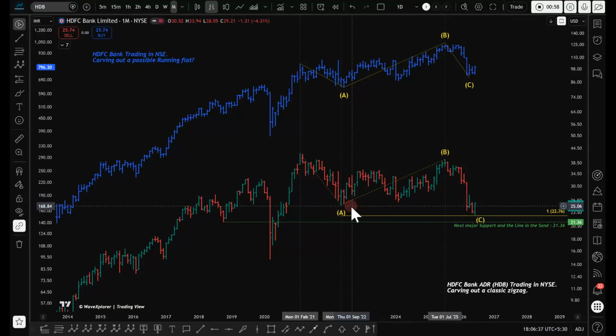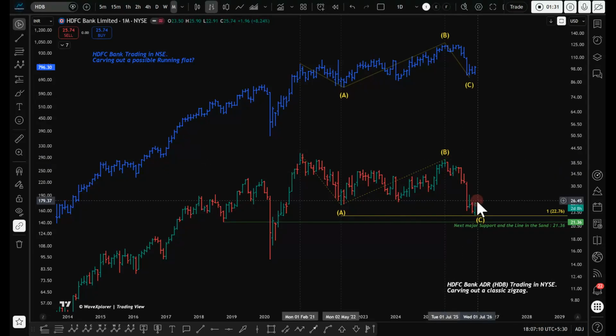Wave A bottomed out in 2022, while wave B made a clear lower high in 2025, and the recent wave C has flushed straight down, and we can notice how perfectly it has reacted to the yellow line at $22.76, which actually marks the almost exact 100% Fibonacci extension of wave A projected from wave B.